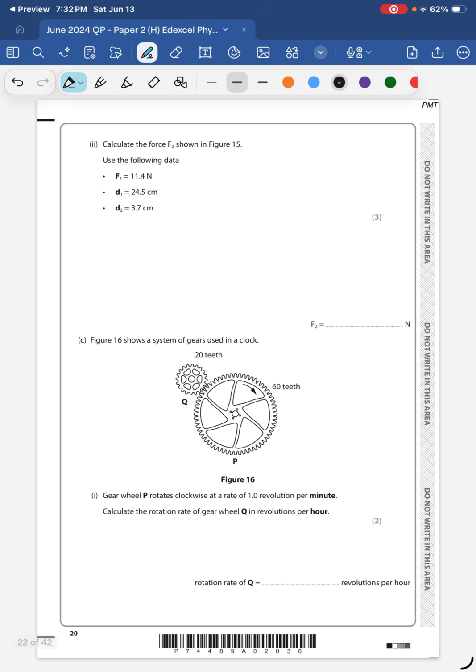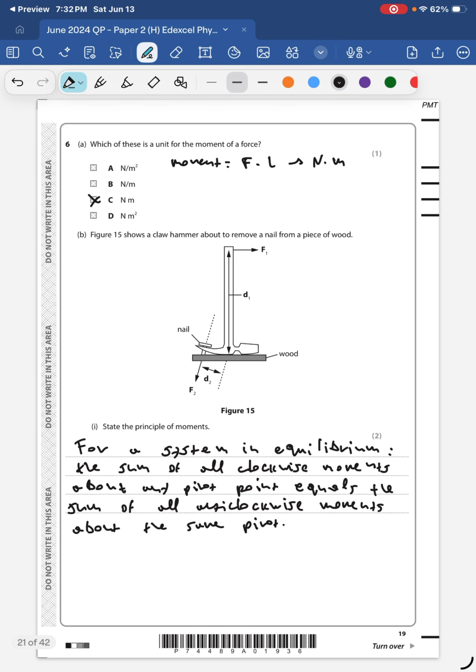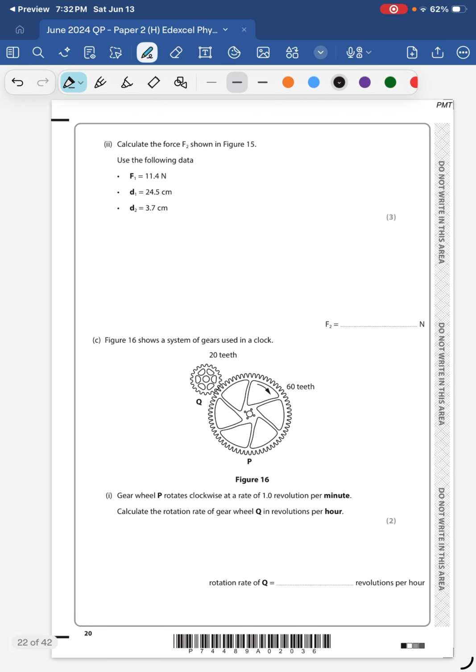Okay, moving on. Part 2, calculate the force F2 shown in figure 15. So they give us F1, D1, and D2, and we need to find F2. F2 is the force from the nail.